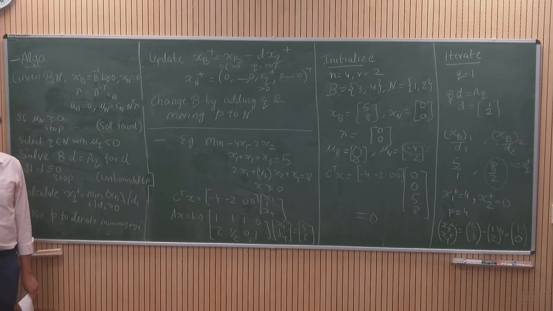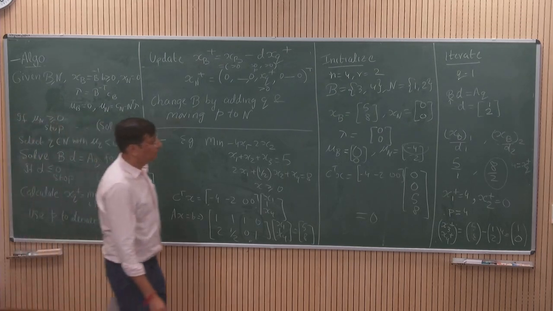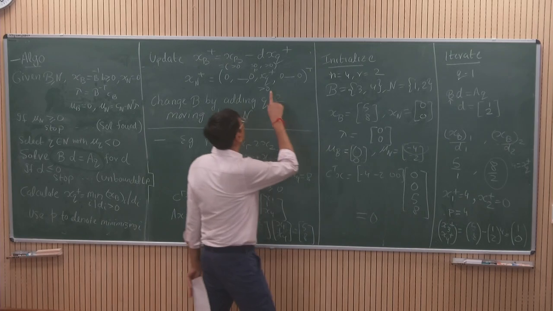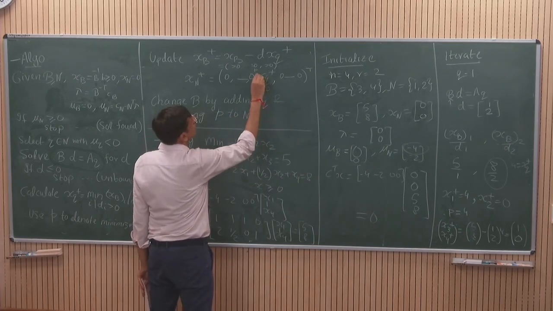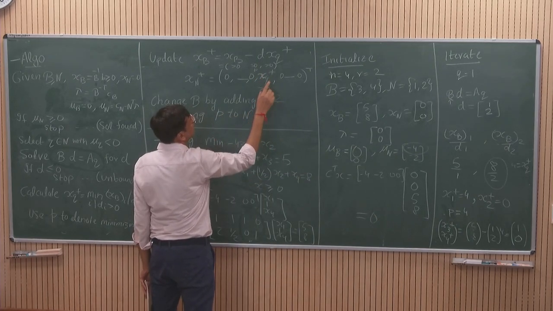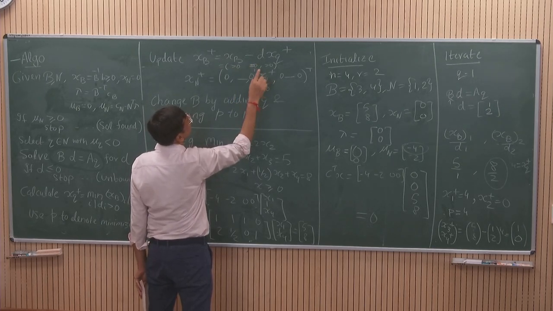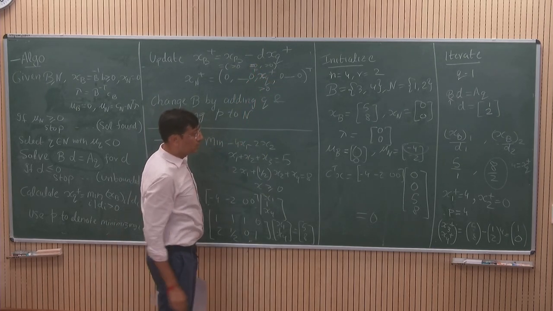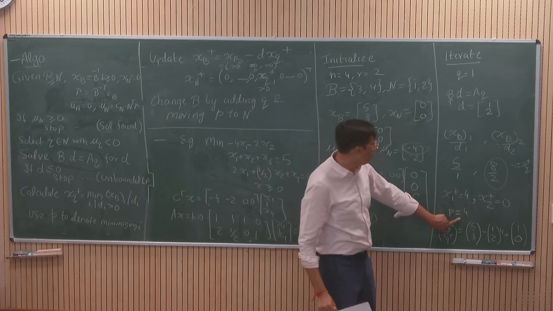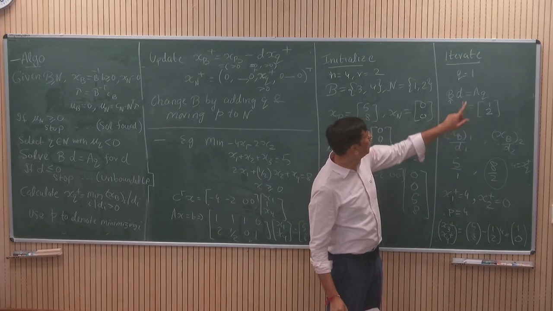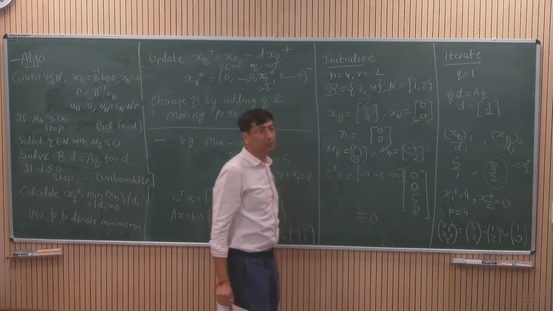Can everybody see? So there is one element in xn made greater than 0, and there is one element p in the xb which is equal to 0. So now p is equal to 4 and q is equal to 1 will be swapped.